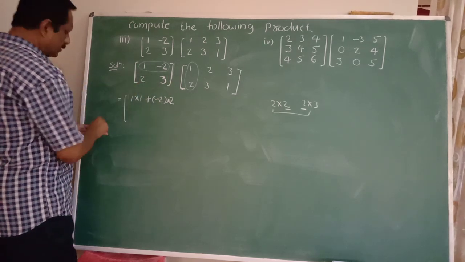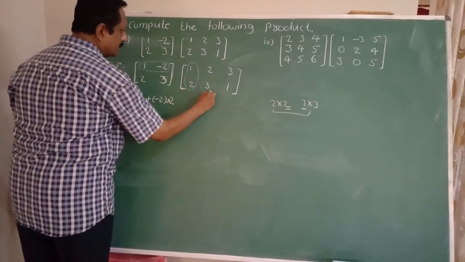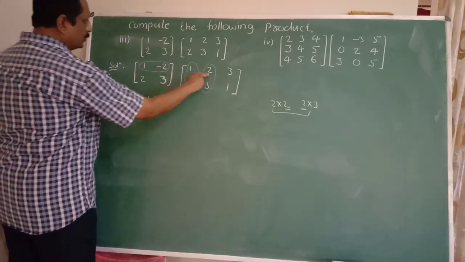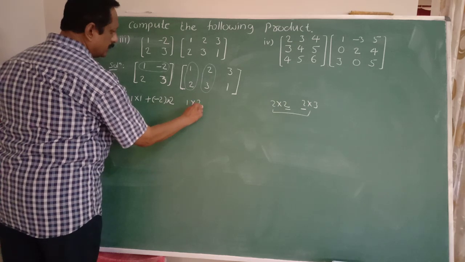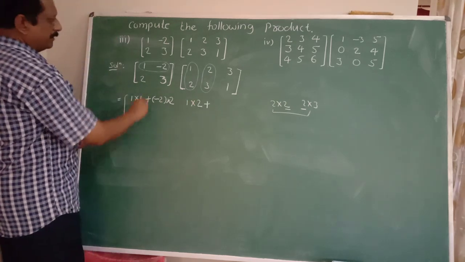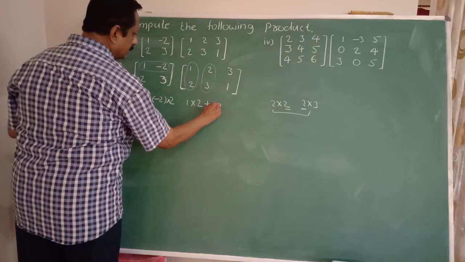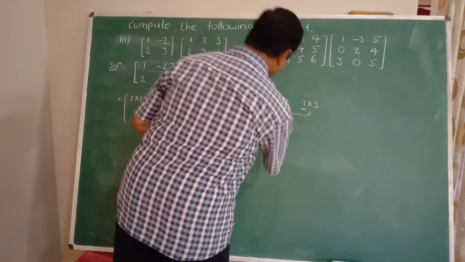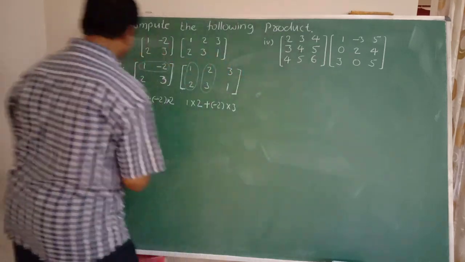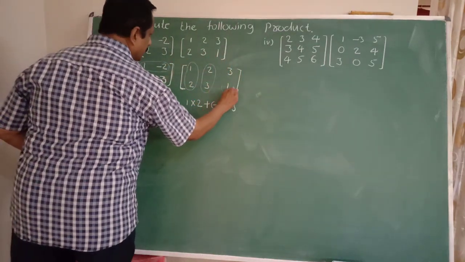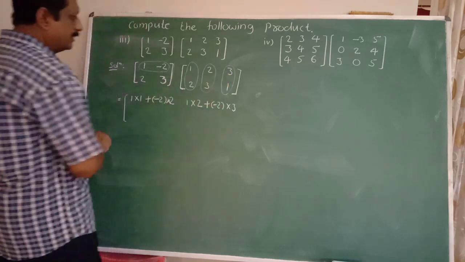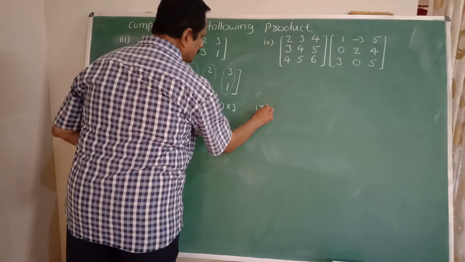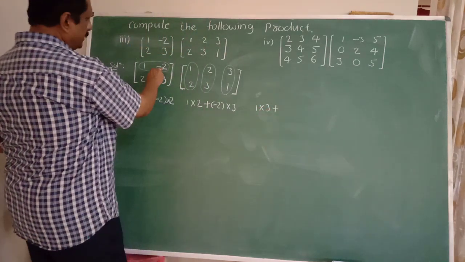Then multiply this row with the second column: 1 into 2, then plus, minus 2 into 3. Then multiply the first row with the third column: 1 into 3 plus minus 2 into 1.